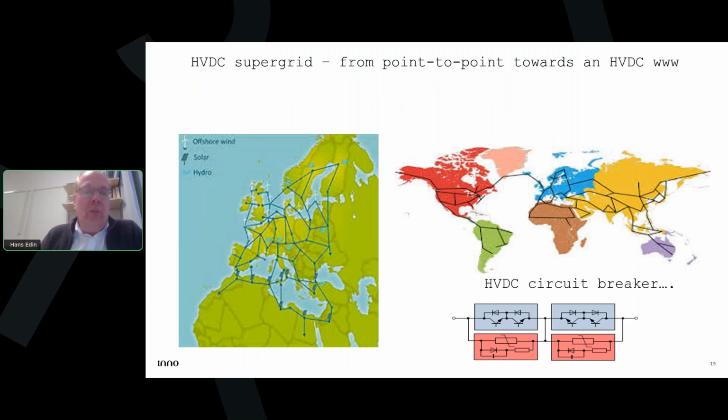And in the area of HVDC, which is one of the important technical fields in the SENS program, there have been long-term dreams about building HVDC super grids. And actually, it is very interesting to see that if you go back 40 years, then you see that the visions are actually becoming more and more true the more we are moving on with HVDC technology.